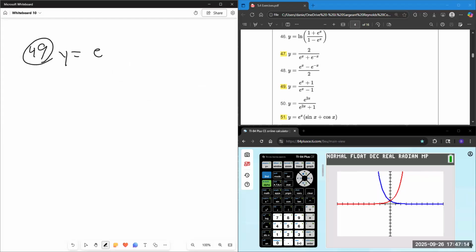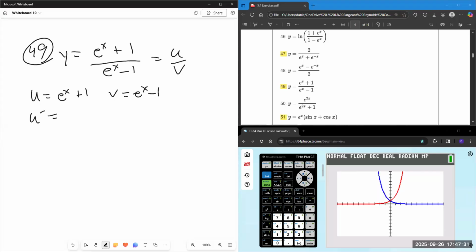y is equal to e to the x plus 1 over e to the x minus 1. And this is u over v. u is e to the x plus 1, and v is e to the x minus 1. u prime is e to the x, and v prime is also e to the x. y prime is going to be u prime v minus v prime u all over v squared because of the quotient rule.